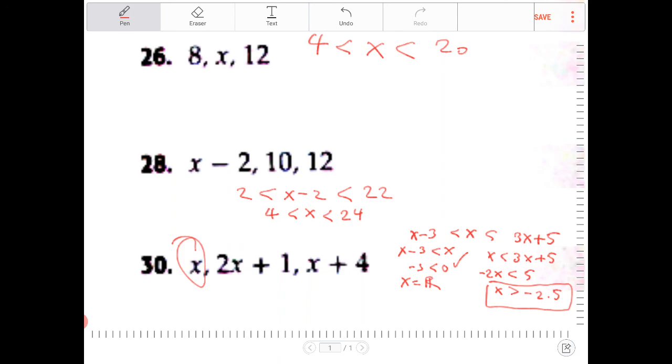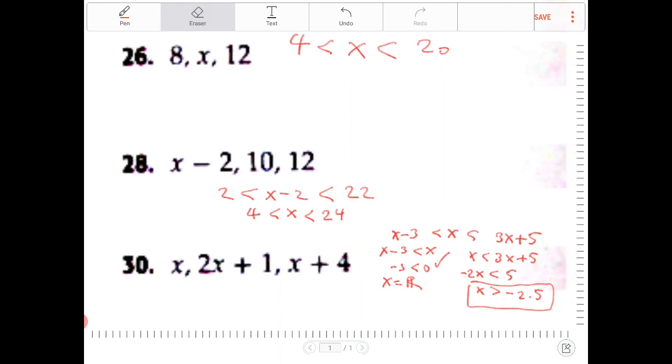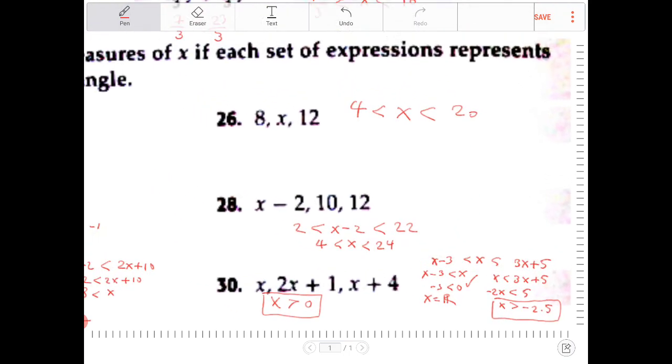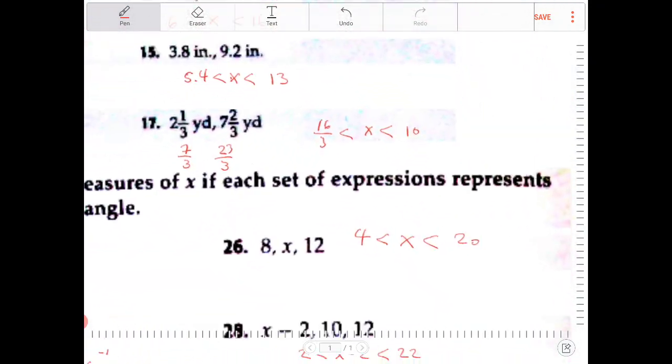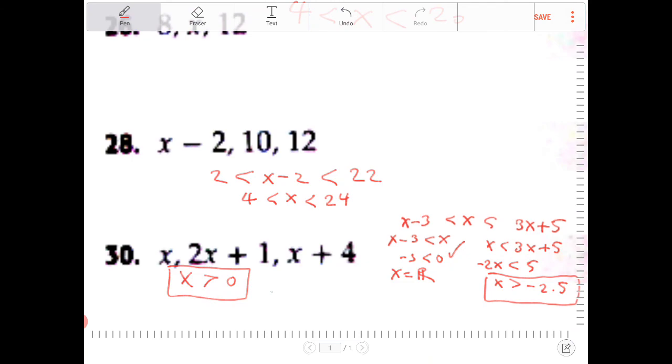It cannot equal 0 either. So actually, to satisfy every condition, x must just be greater than 0. That's the final answer. This will satisfy all conditions. Okay.